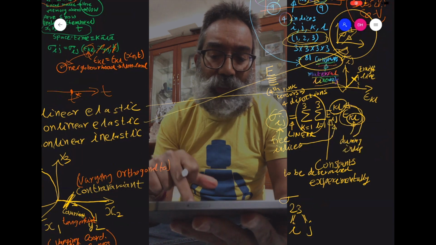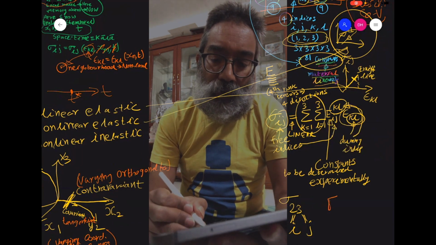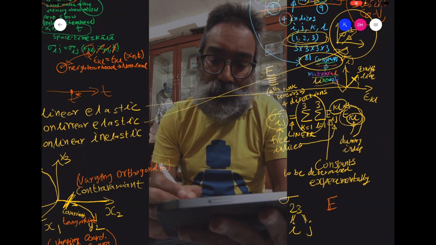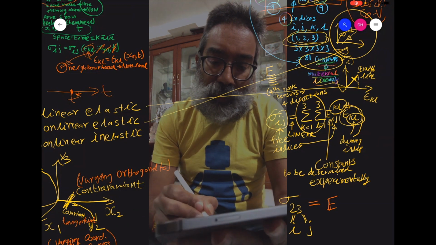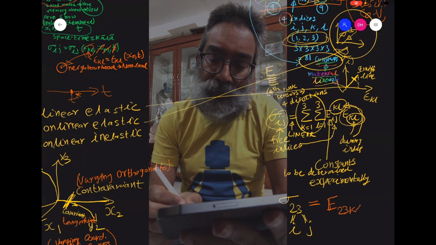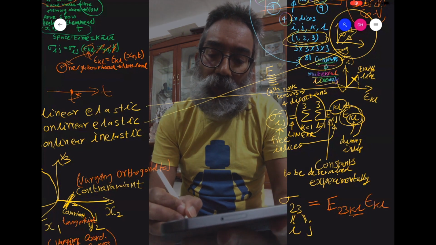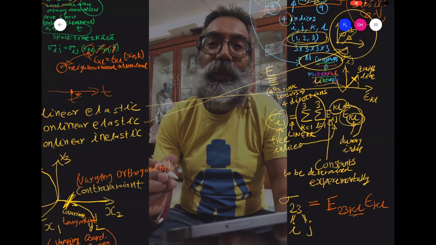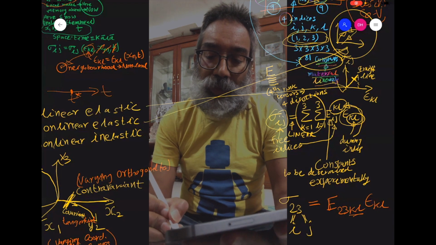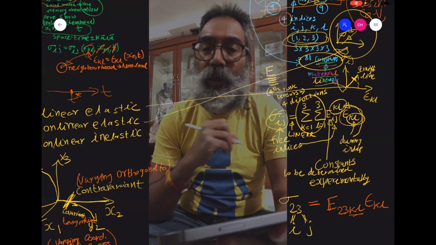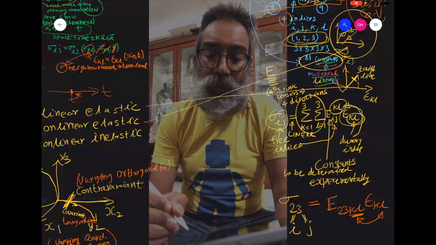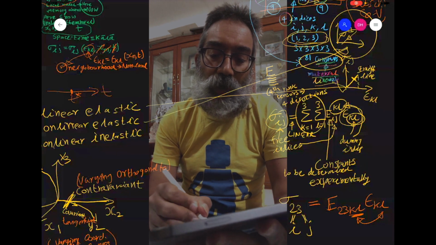Some people just ignore that and even write this as, in this case, just sigma 2 3 KL epsilon KL, writing the KL also as subscript, which is not the right thing to do, because there's no implied summation if you're writing both in the subscript, because both of these are covariant. So this is not right.